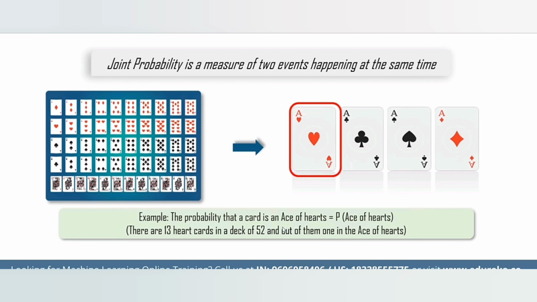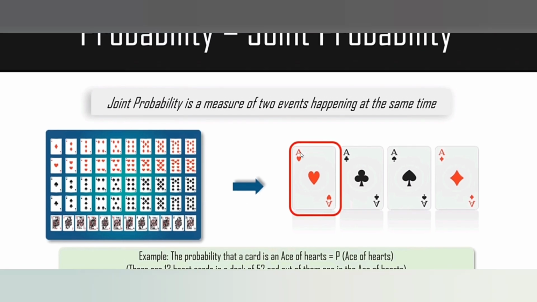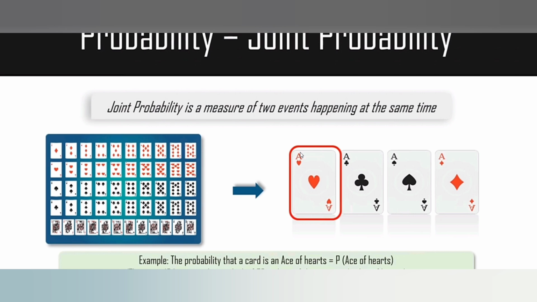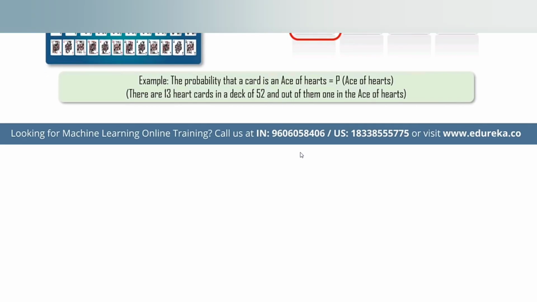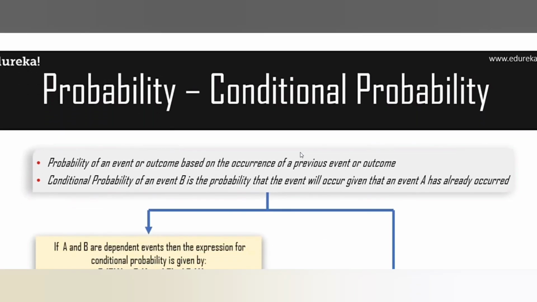So from 52 we take 13, that is one event. Another event is we take the ace. So two events are occurring, so joint means two events happen at the same time. For marginal, only one event is occurring, like only getting the heart. And here the example is getting the ace.